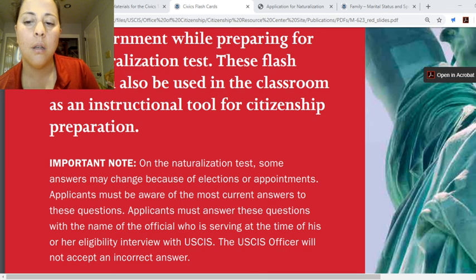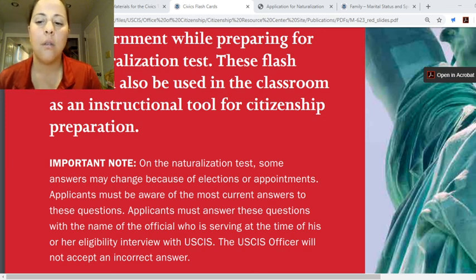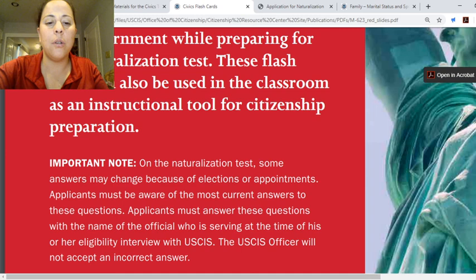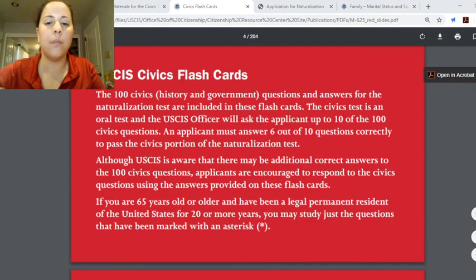Okay? Again, applicants must answer these questions with the name of the official who is serving at the time of his or her eligibility interview with USCIS. So make sure you answer correctly with the current person serving. Okay? Let's look at this note.